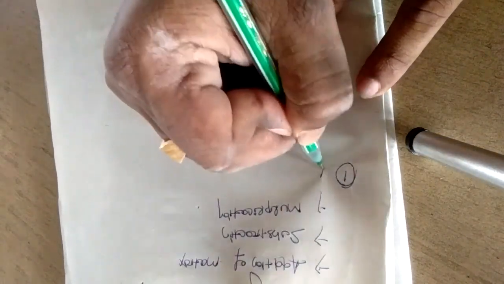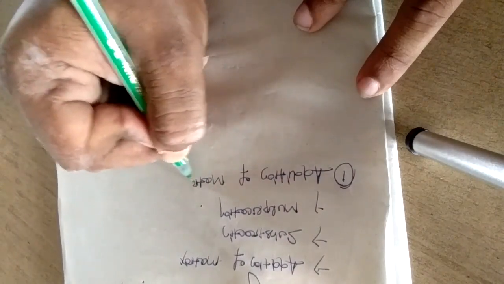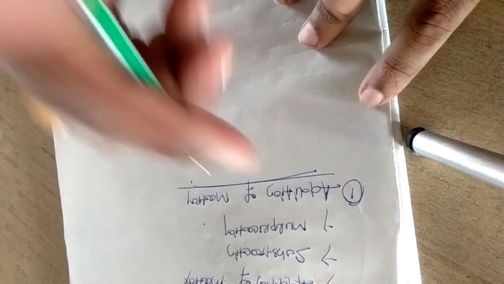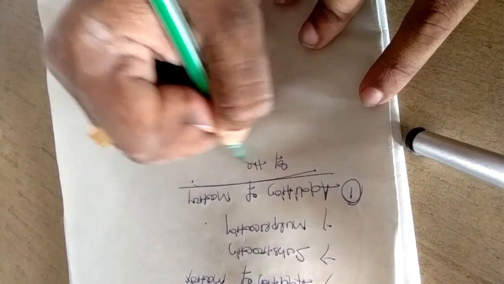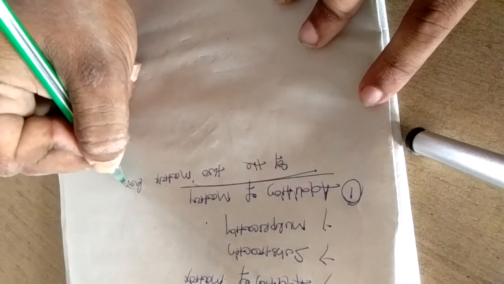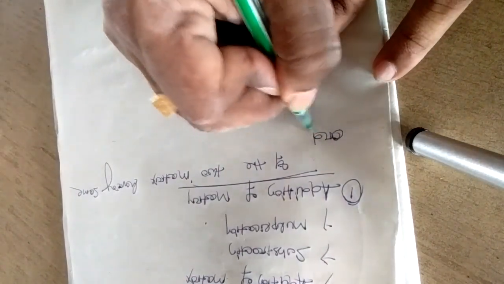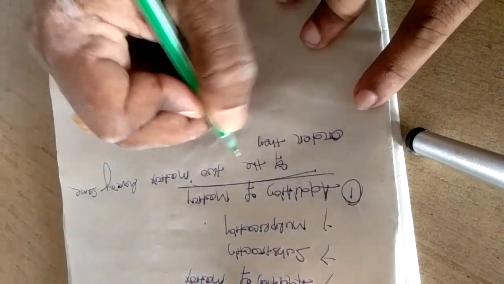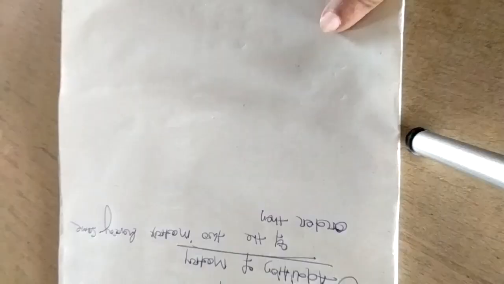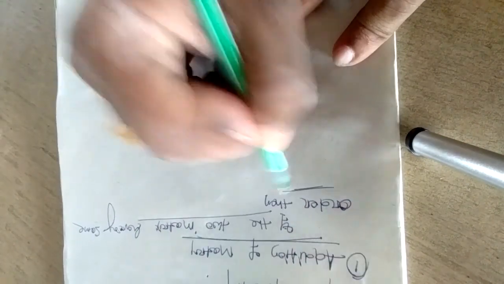Now discuss the addition of matrices. If two matrices have the same order, then matrix addition will be possible.